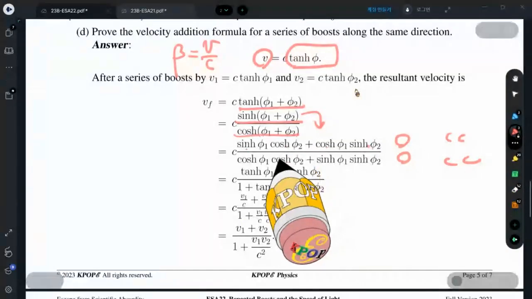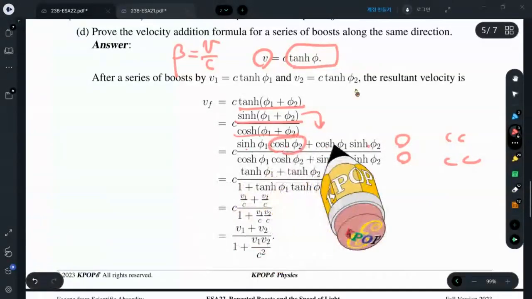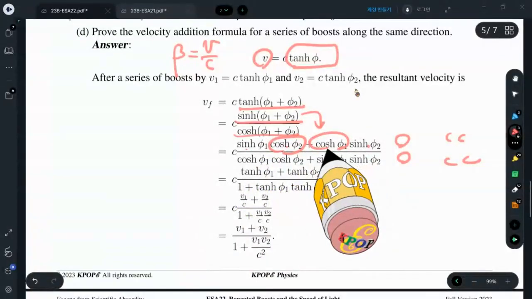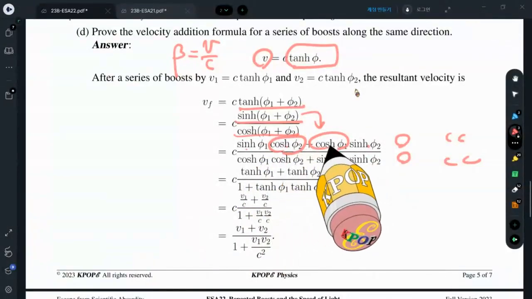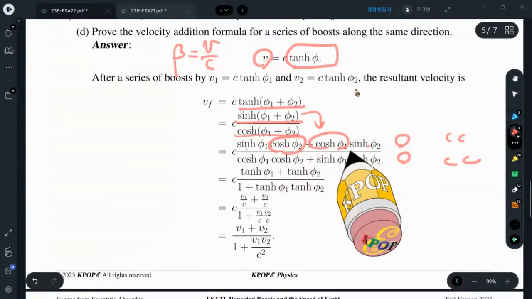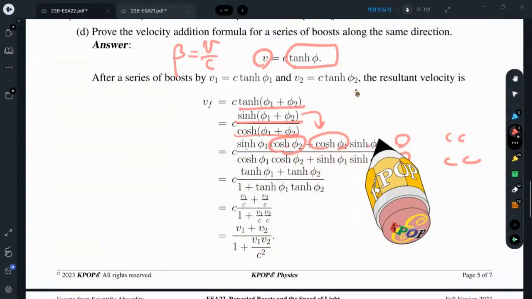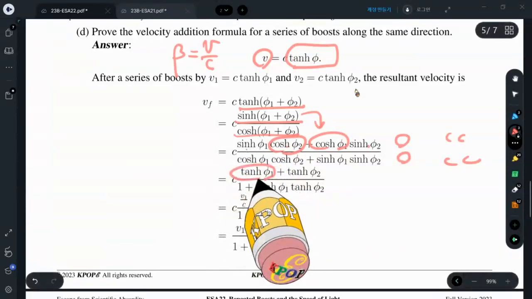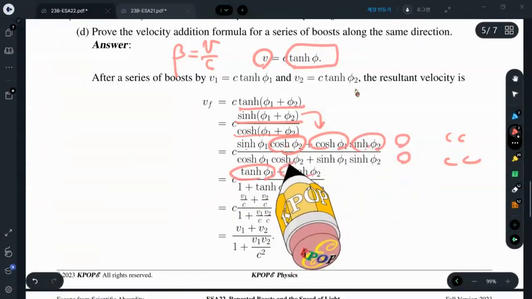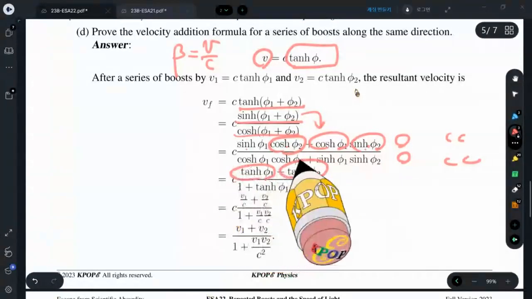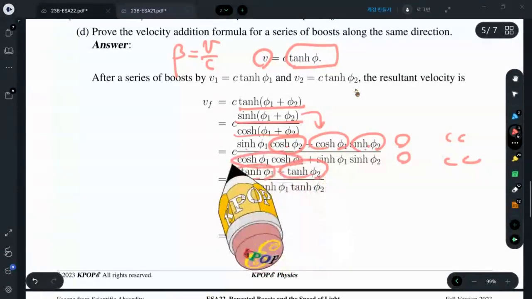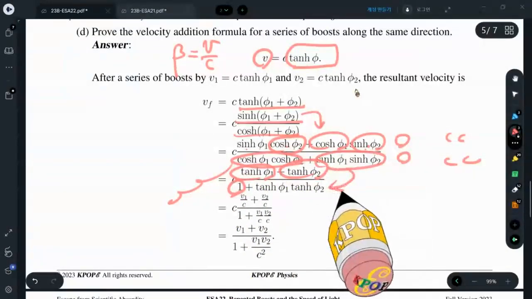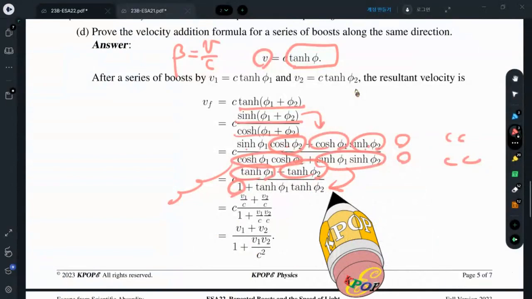That means I can divide by the cosine hyperbolic of phi 1 and phi 2 together. Then in the numerator, each sine hyperbolic becomes a tangent hyperbolic. In the denominator, this term becomes 1, and this sine term becomes a tangent hyperbolic product.